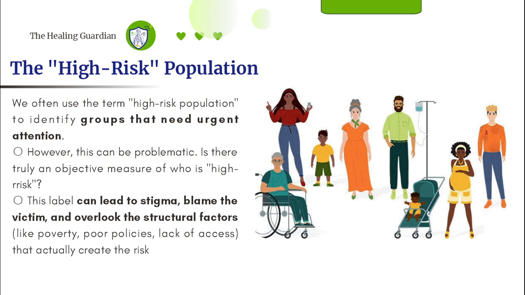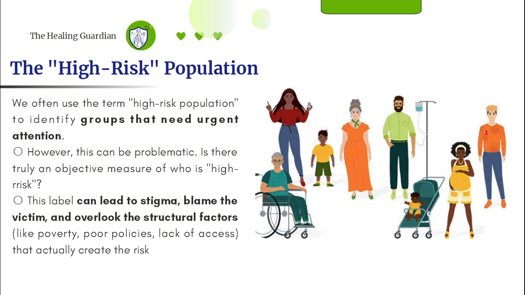You may talk of the elderly, the children, all those. You may say sex workers are a high risk population. But labeling them as such is a way to create stigma, blame the victim, and overlook the structural factors that may put these people in those situations.